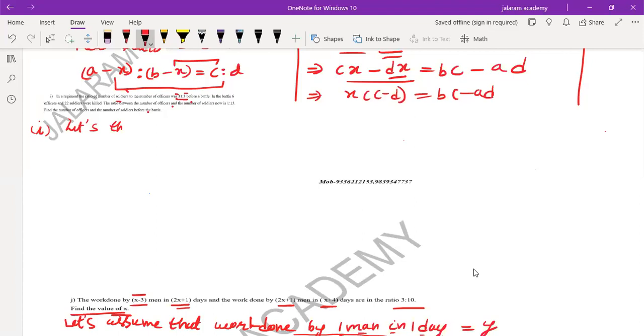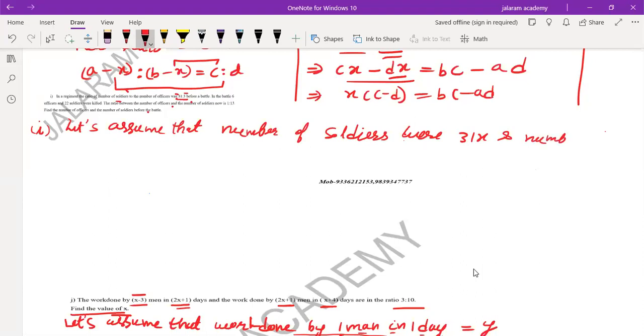So let's assume that the number of soldiers were 31x and the number of officers 3x.